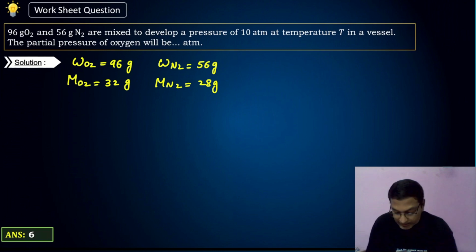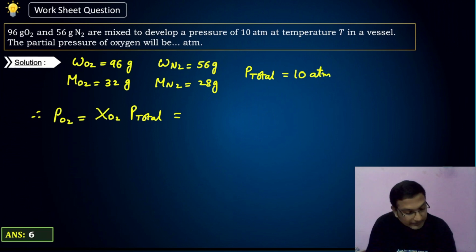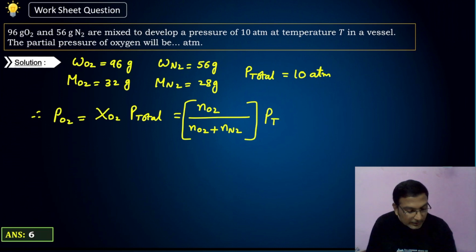Next, total pressure. Ten atm atmospheres. So therefore, partial pressure of O2 equal to mole fraction of O2 into P total. So mole fraction of O2 means number of moles of O2 by number of moles of O2 plus number of moles of N2 into P total.